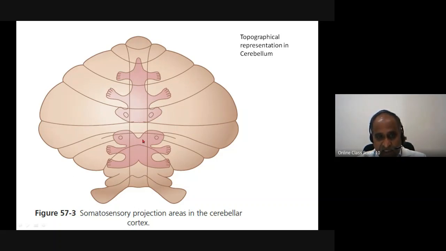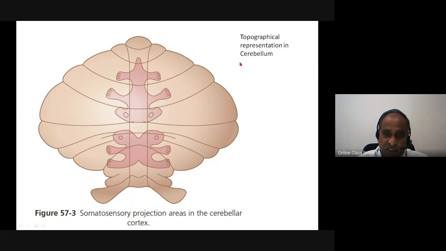The distal muscles are on either side. So for the coordination and very smooth functioning of voluntary action, these representations are essential. The remaining lateral part is connected to the cerebral cortex.